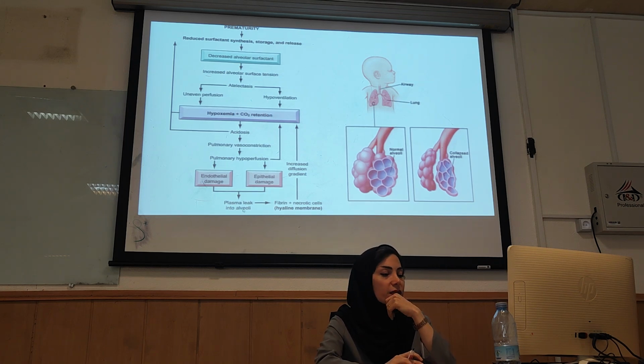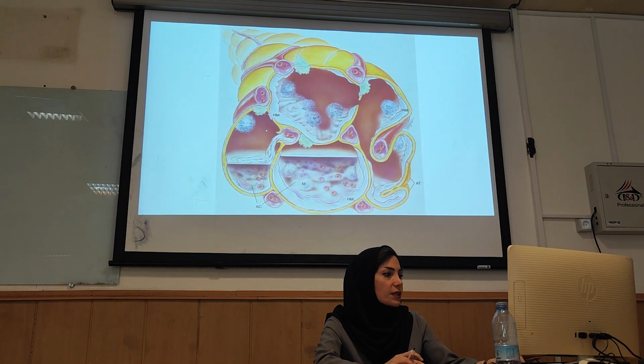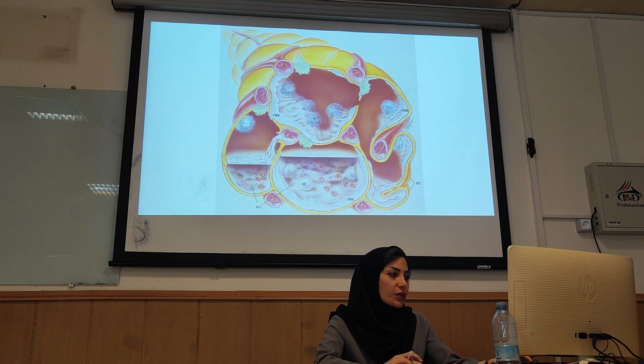So plasma leakage happens into the alveoli, and you can see in the schematic photo that endothelial and epithelial damage lead to plasma leakage and the presence of many inflammatory cells in the alveoli, and the presence of macrophages and fibrin deposition on the inner surface of the alveoli.